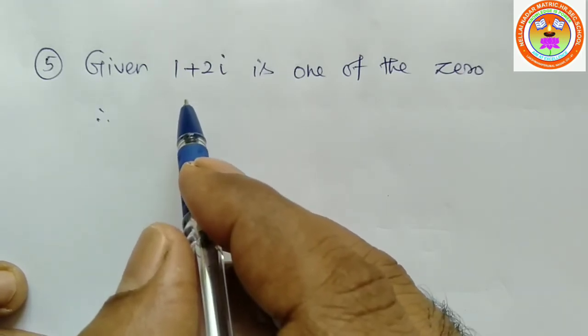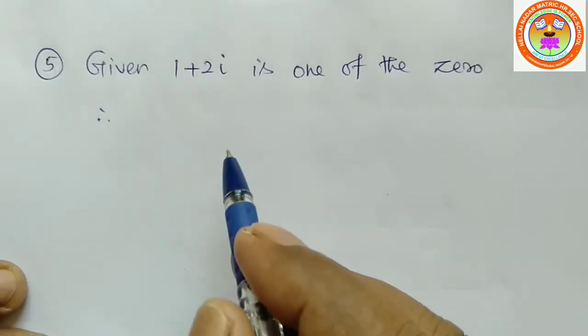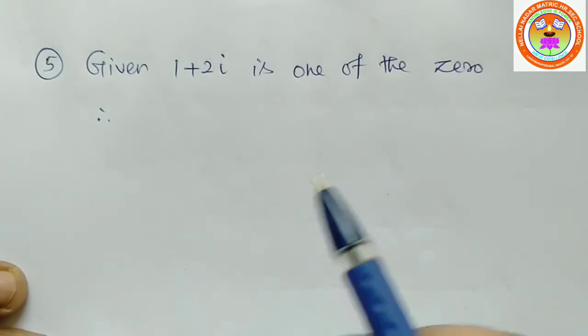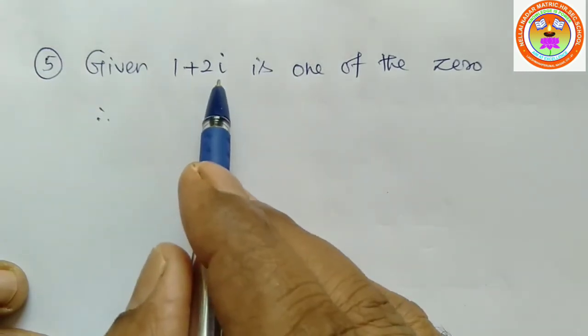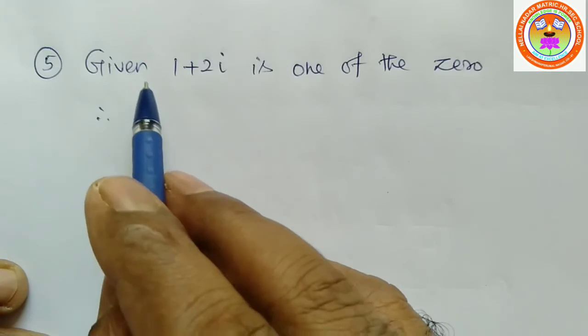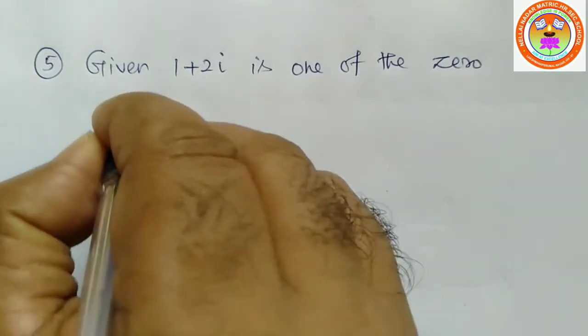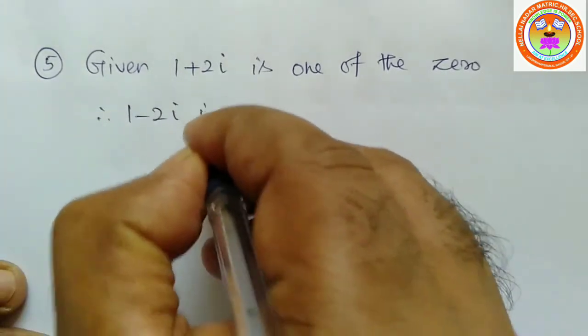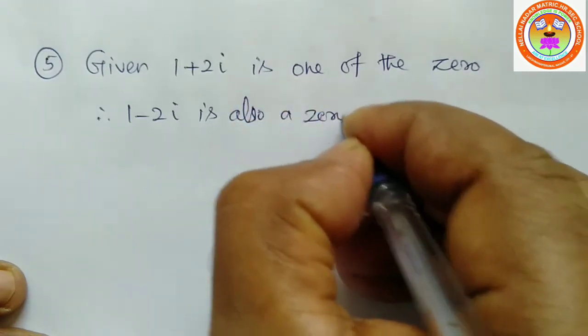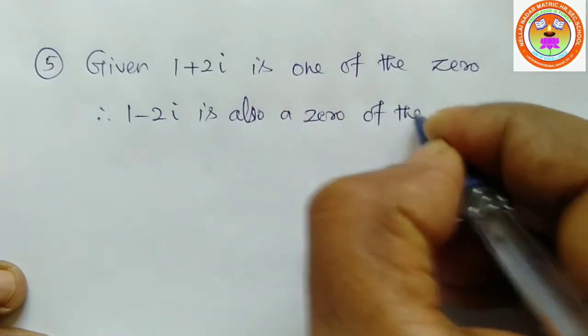We know very well that complex roots always occur in pairs. That means 1 plus 2i is one of the zeros, so its conjugate is also a zero. So 1 minus 2i is also a zero of the polynomial.